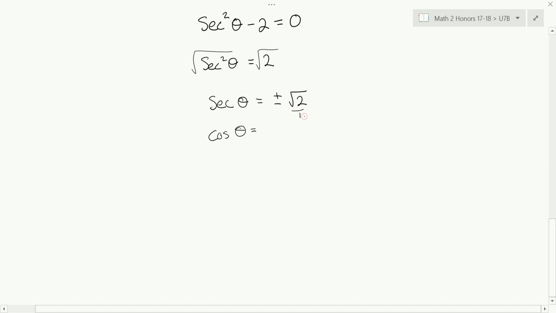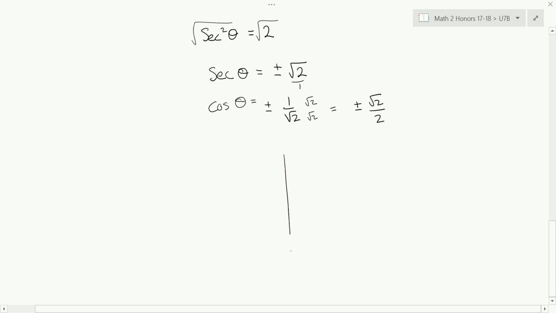Well, it's over 1 right now. So when I flip it over, I get 1 over root 2 initially, but then I can multiply top and bottom by root 2, and I end up with plus or minus root 2 over 2. Okay?